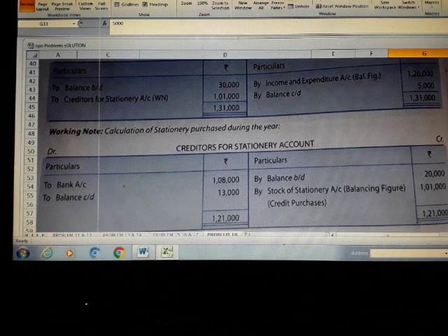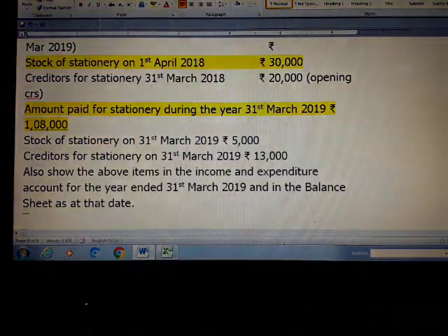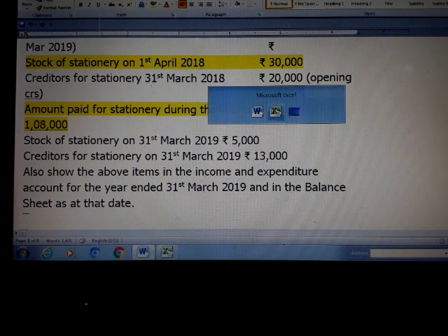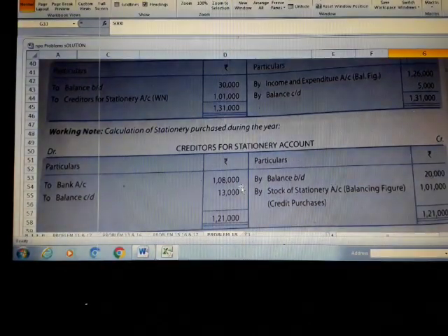Any doubt so far? No. And it was given in the question that during the year the amount paid for the stationery purchase is rupees 1,08,000. This amount of 1,08,000 you will bring in as 'to bank', because when you pay, to whom are you paying? To your creditors you will pay.